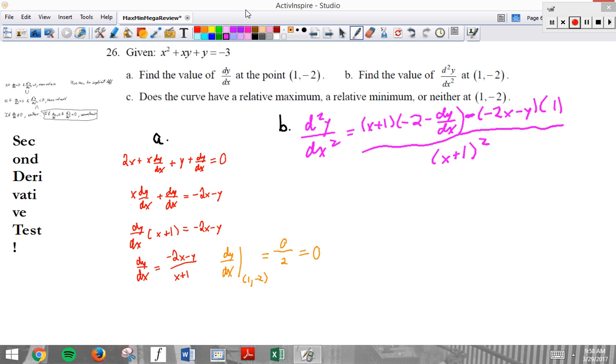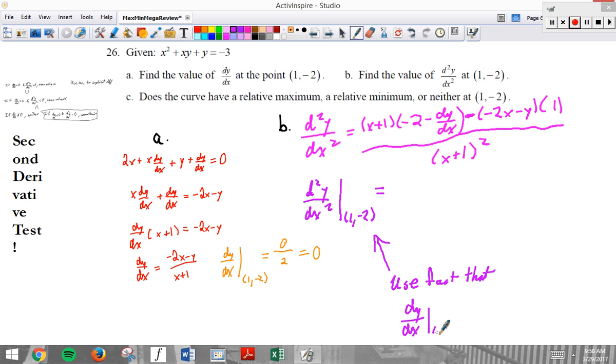That's the correct formula. And again, I'm not writing equals anything. d squared y dx squared evaluated at (1, -2). The smooth way to do this is use the fact that dy/dx at that point is 0. Fact, not fast.